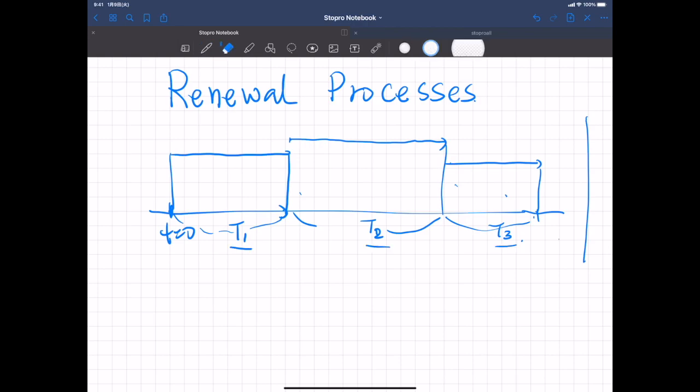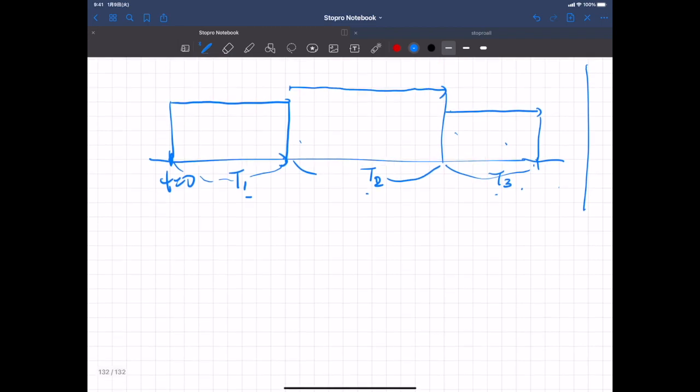Now let us define some random variables to describe this problem more precisely. As we have already mentioned, T1, T2, T3, and so on describe the duration of time of each component. And the total time to failure of n components will be just the sum of these random variables T1, T2, up to Tn.